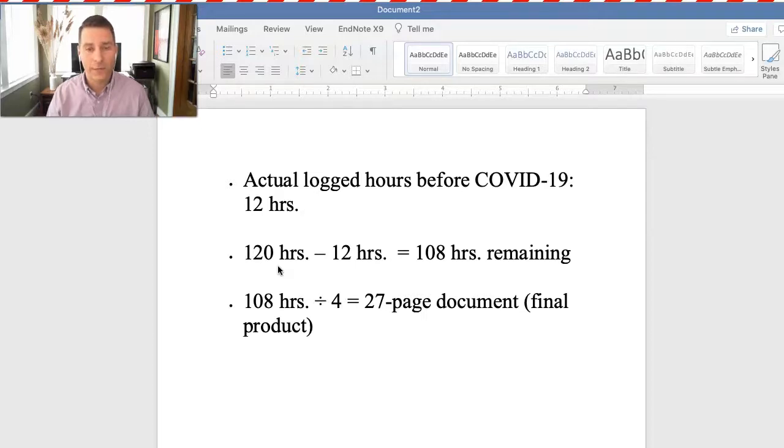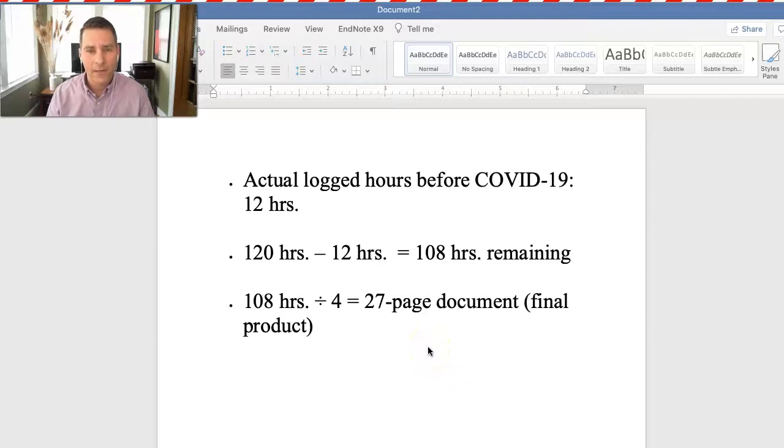So 120 hours minus the 12 hours the student already did obviously leaves you 108 hours remaining. So with that, we use our formula. One page is 4 hours of work, so you just divide 108 by 4, and that gives you a 27-page document, final product. Now you may be going, 27 pages, that's a lot, Chris.